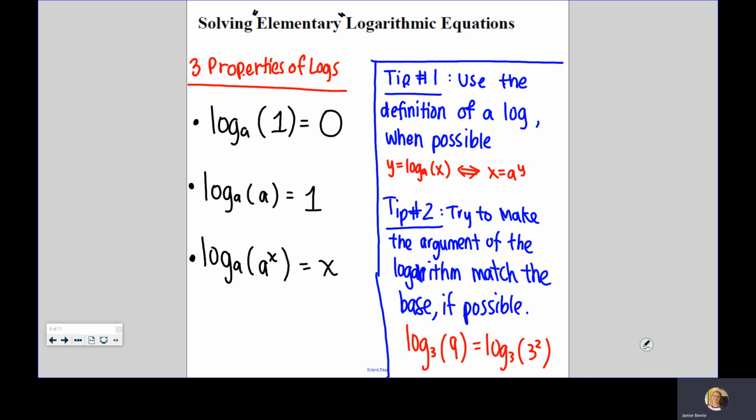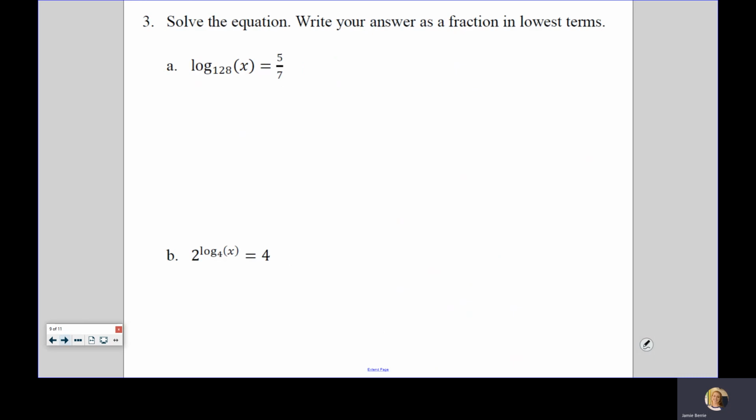All right, let's solve these equations, and I'll tell you which ones you can expect to see on the test. Starting off with the easy one. It looks complicated, but it's easy. It says solve the equation, write your answer as a fraction in lowest terms: log base 128 of x equals 5/7.